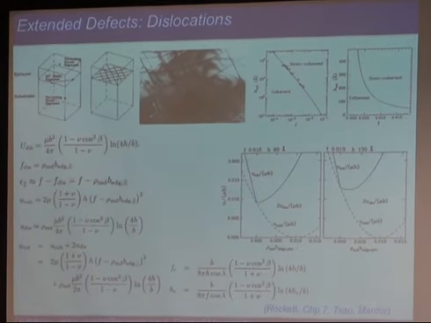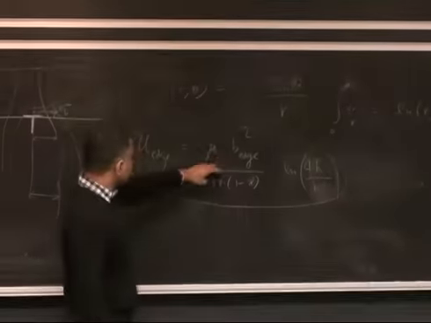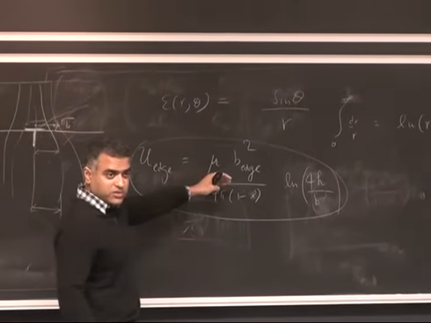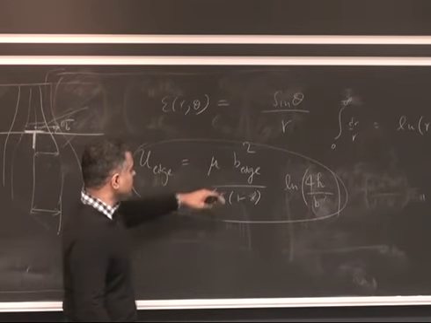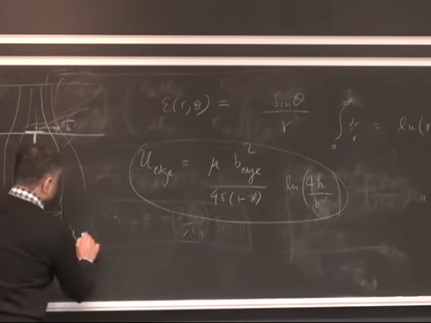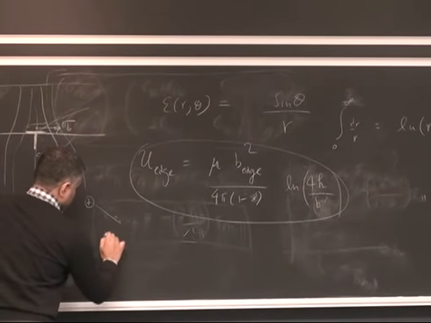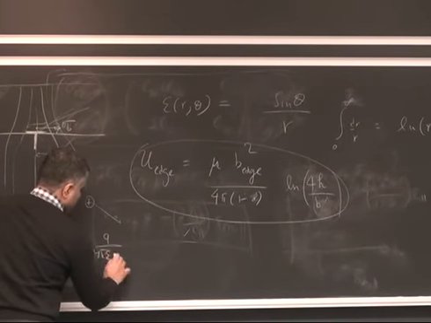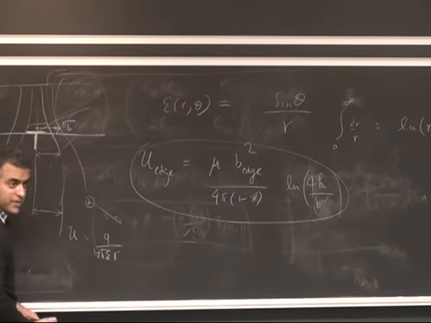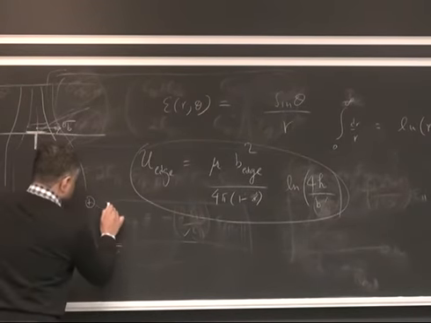If you look at it a little carefully, it will look very similar to the potential energy of a point charge. The Coulomb potential energy of a point charge is Q over 4 pi epsilon times R, at a distance R from the point charge.